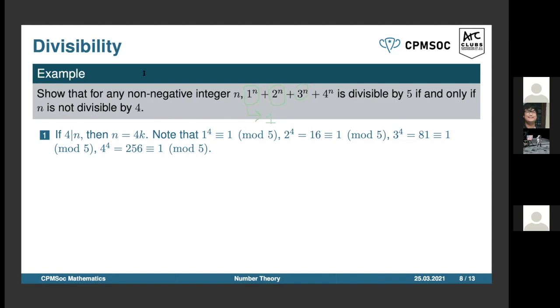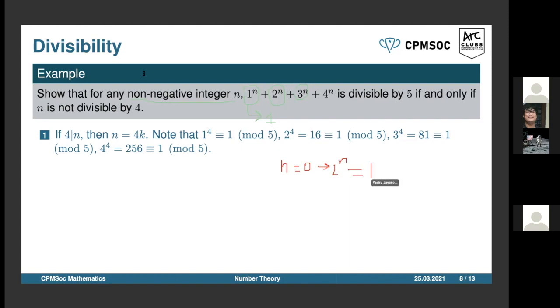We can use modular arithmetic to find the remainder when 2 to the n is divided by 5. So when n is equal to 1, actually we'll start with n equals 0 because the question says non-negative integer n. So when n is equal to 0, we'll have 2 to the n is equal to 1.